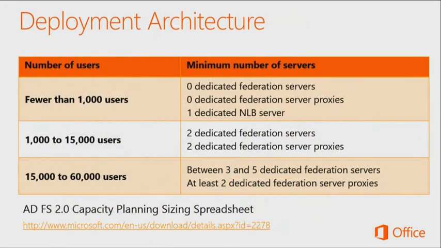In this next slide, the 1 dedicated network load balance server is those 5 servers, okay? So for 1,000 to 15,000 users, we're talking 2 of those and 2 dedicated proxy servers. The number of servers jumps up the more users you have.